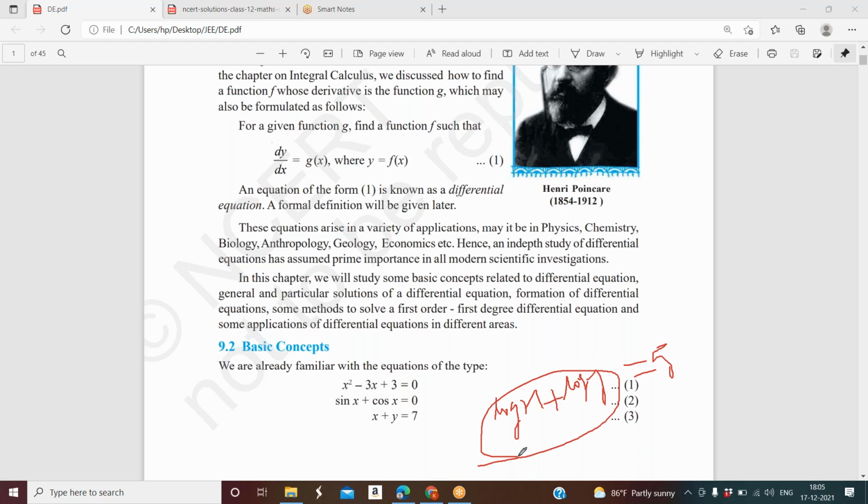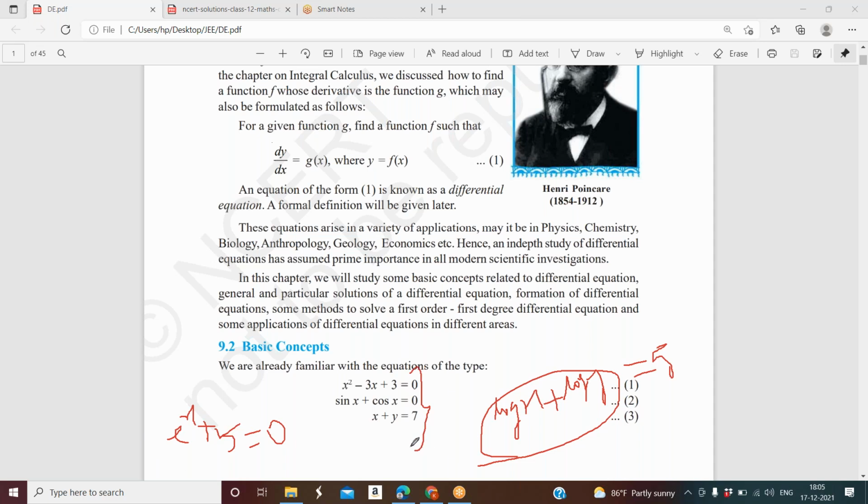So it's a logarithmic equation. Suppose you have an exponential term, e power x plus 5 equal to 0, it is also an equation. This equation contains an exponential term, right? So these are all equations of several types.